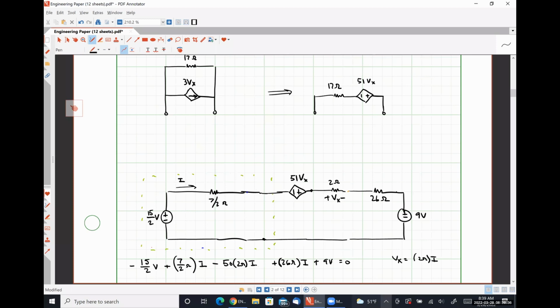So I'm just going to throw this into my numerical solver, where I have negative 7.5 plus 3.5x minus 100x plus 26x plus 9 is equal to 0. Solve for x.